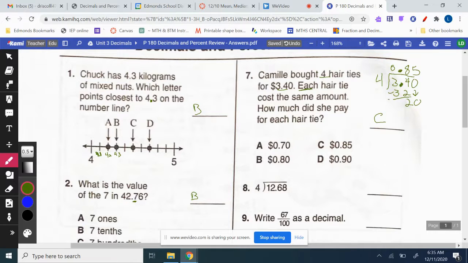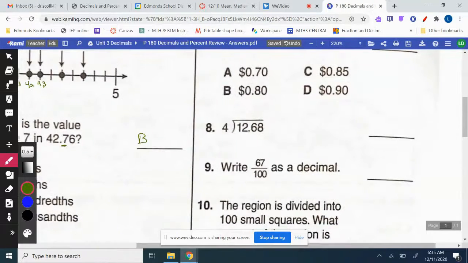You could also use a calculator. 4 goes into 12 3 times. 4 times 3 is 12. I get nothing left over. I'm going to move my decimal up and bring my 6 down. 4 goes into 6 one time. 1 times 4 is 4.